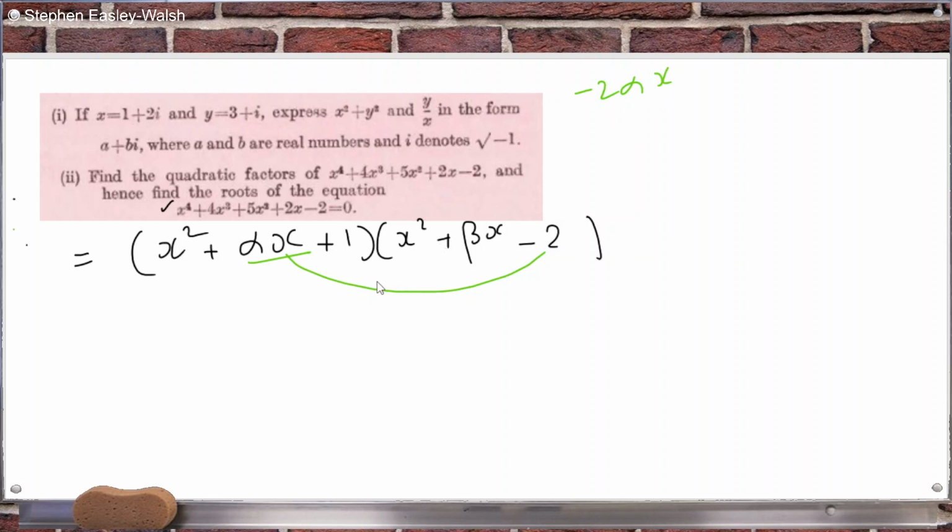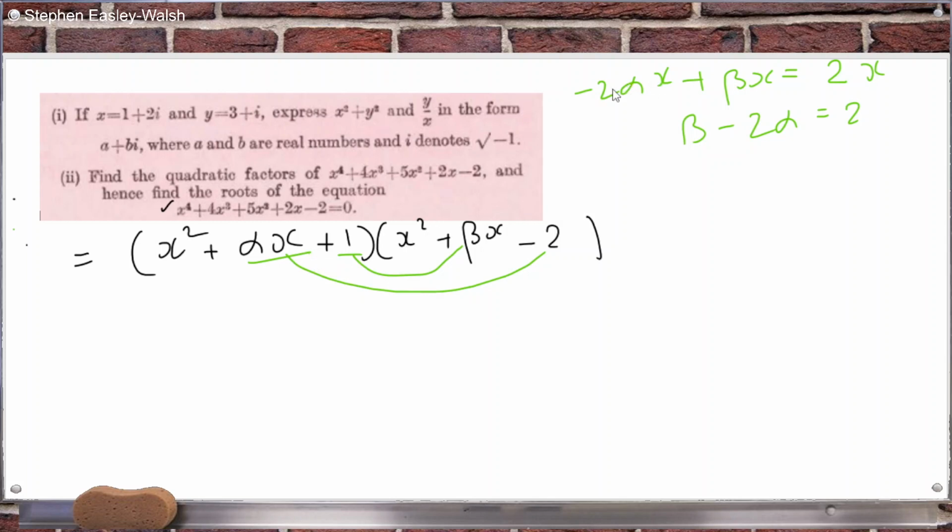And 1 times beta x. And that's supposed to equal 2x. So I can see that beta minus 2 alpha should equal 2. Okay, that looks okay, I think.